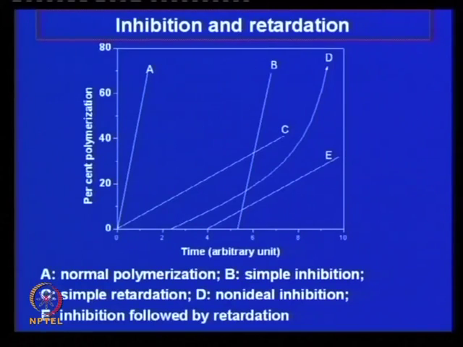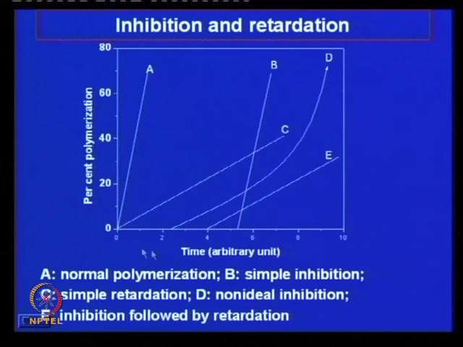Now, I just mentioned what is called inhibition of polymerization. What is inhibition of polymerization? Here you see a plot of polymer growth versus time. It is nothing but the rate of polymerization.